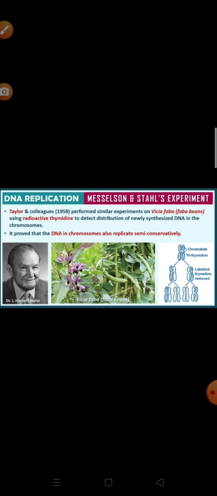E. coli was found to divide after each 20 minutes. A similar experiment was also performed by Taylor, and it also showed that replication of DNA in chromosomes is semi-conservative.